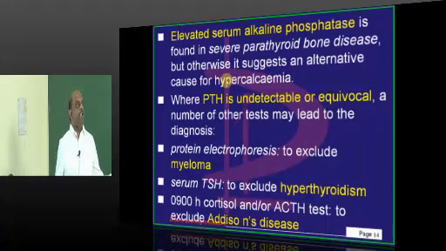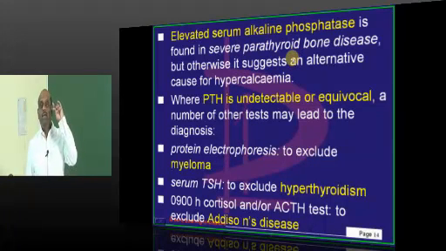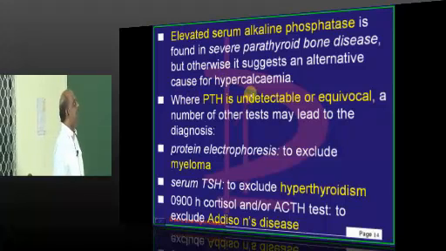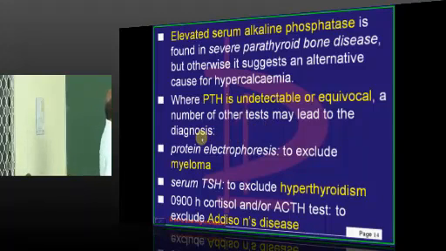That's the reason you don't expect high alkaline phosphatase in case of hyperparathyroidism. So elevated serum alkaline phosphatase is found only in severe parathyroid disease, but otherwise it suggests an alternative cause of the hypercalcemia other than hyperparathyroidism, which needs to be remembered.